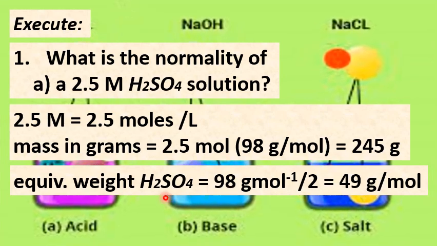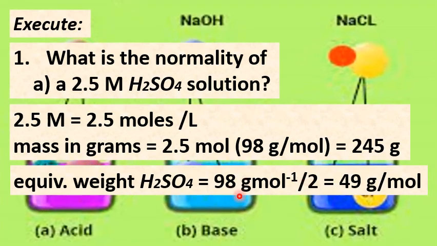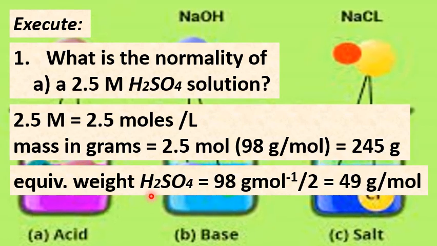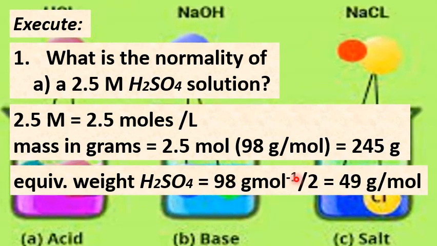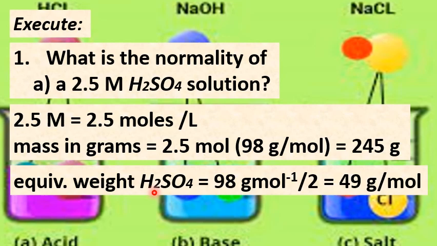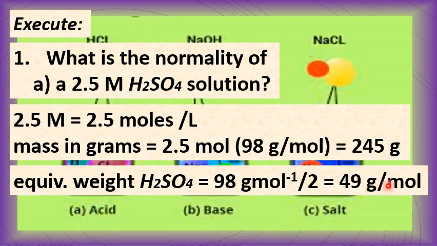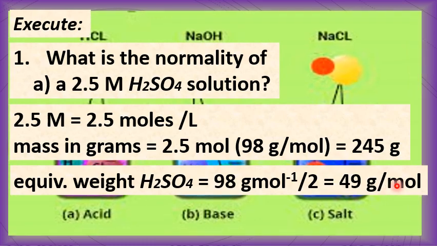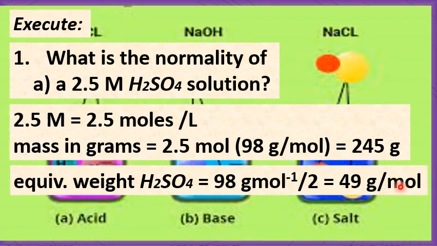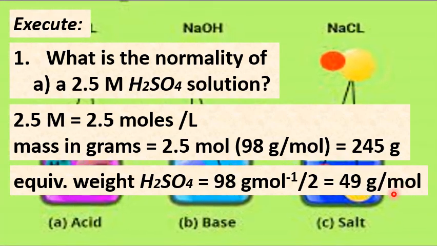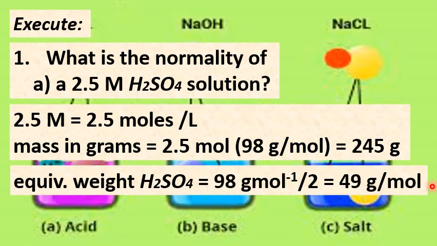And in the case of an acid, we look at the net charge of the hydrogen ion, which is equal to 2, right? And just like molar mass, this equivalent mass or weight is also expressed in grams per mole.